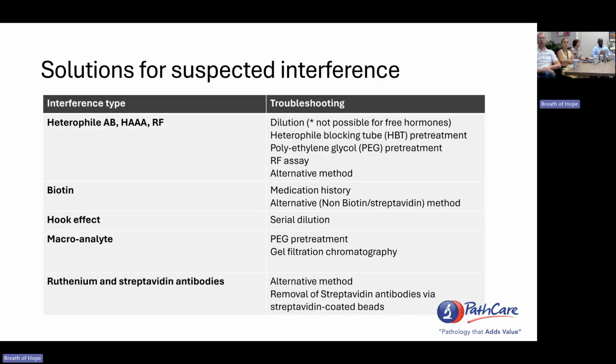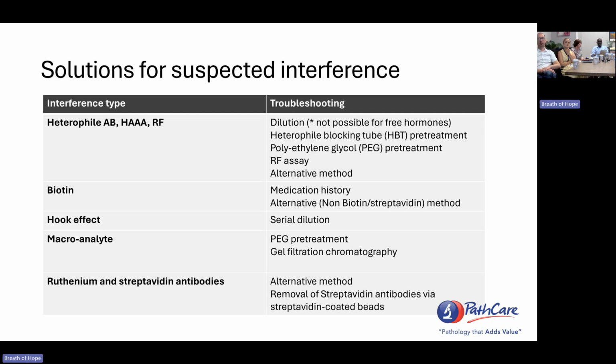So when we think of possible solutions for suspected interference, when the doctor calls the lab and says he does not believe this result, what can we do? To exclude heterophile antibodies, the anti-animal antibodies and rheumatoid factor, we can look at dilution. Just remember, it's not possible to dilute in the lab for free hormones like free T4 and free T3.